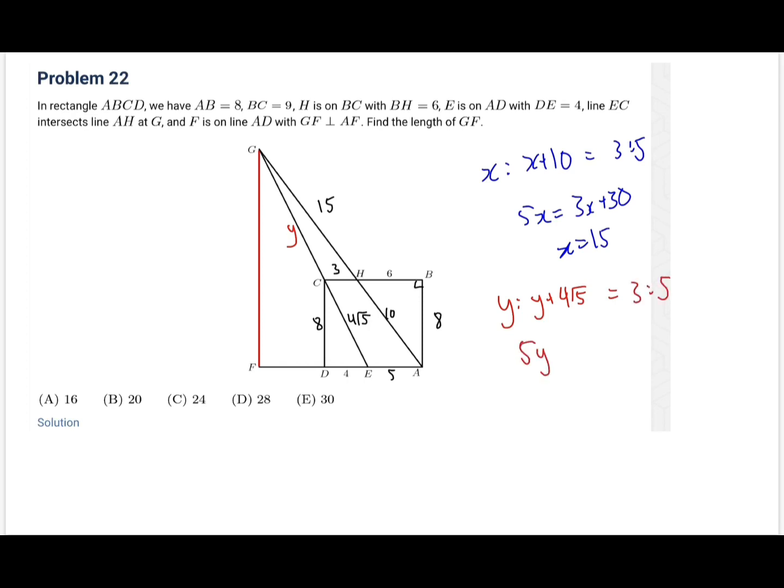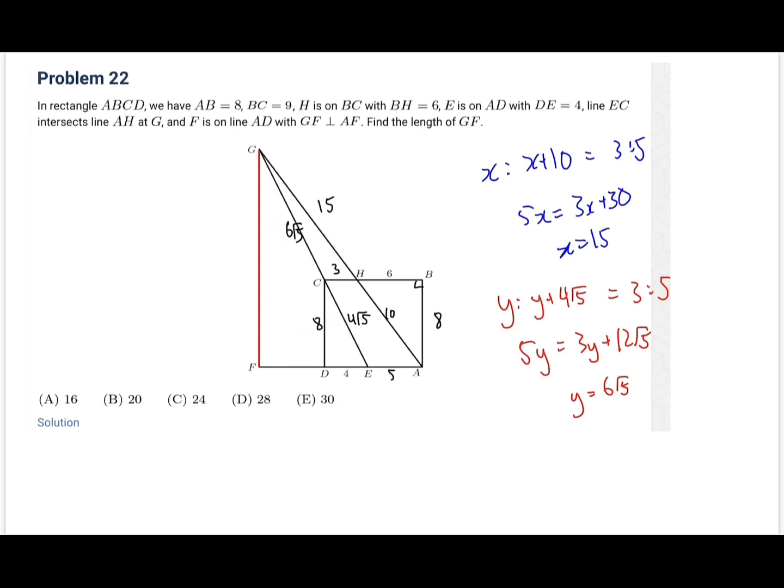And so 5y equals 3y plus 12 root 5, y equals 6 root 5. So now we can use the fact that CDE and GFE are similar, right?